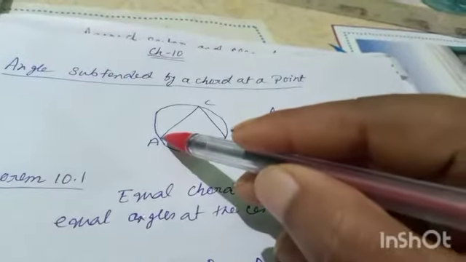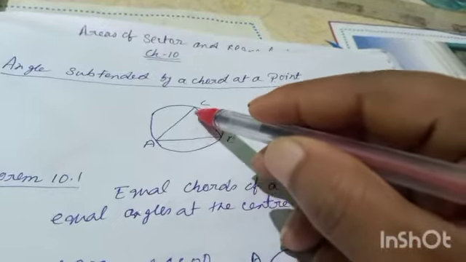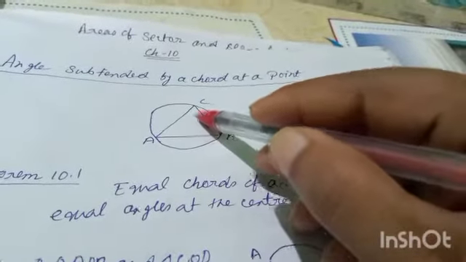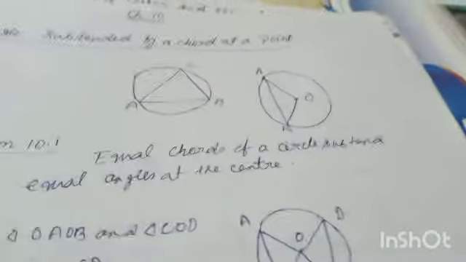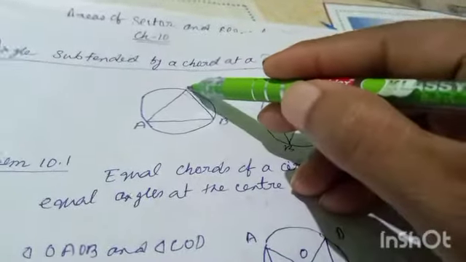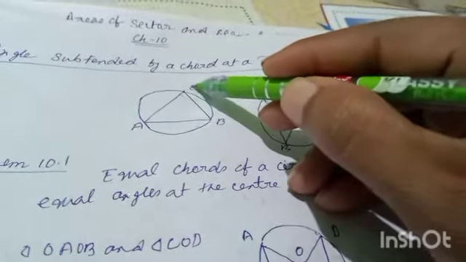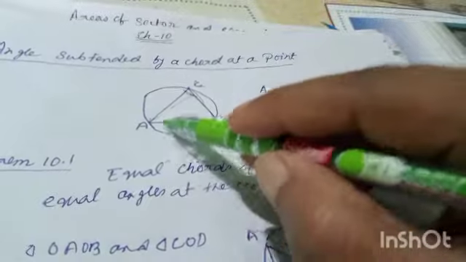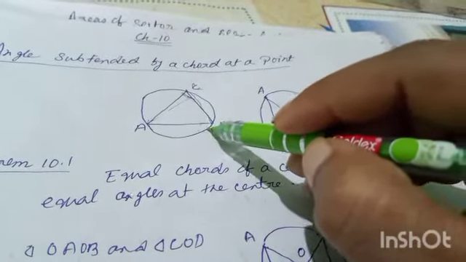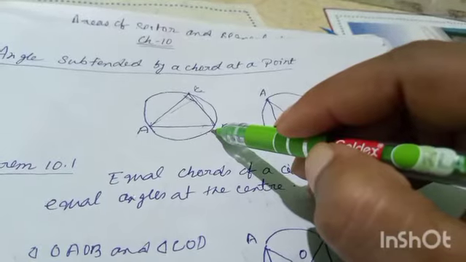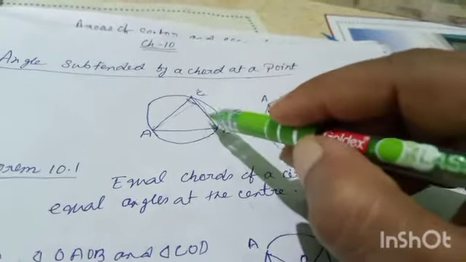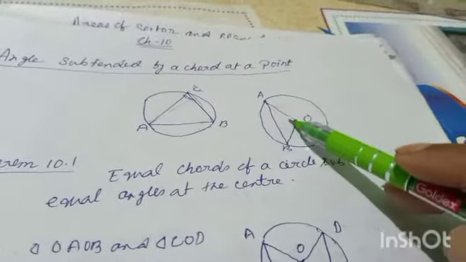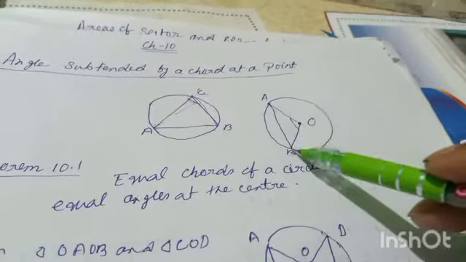If you take a point C on the circle and join it from the endpoints A and B, this angle ACB is called the angle subtended by chord AB on the circle. Or here you can see the angle subtended by chord AB at the center, this angle AOB.